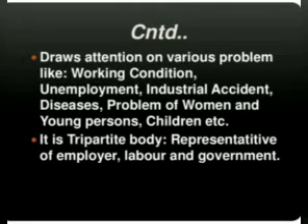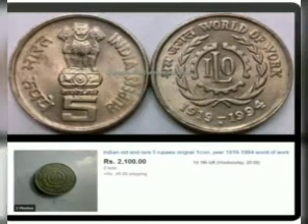It is a tripartite body where there are representatives of employer, labor, and government. Now this is a 5 rupee coin in which the ILO symbol is there, and it was issued between 1990 and 1994 to show that India is together with ILO.